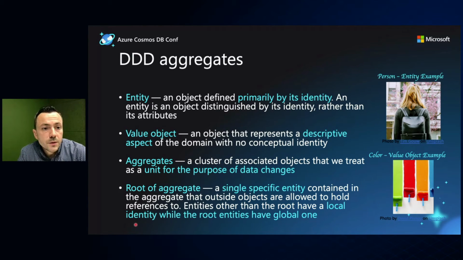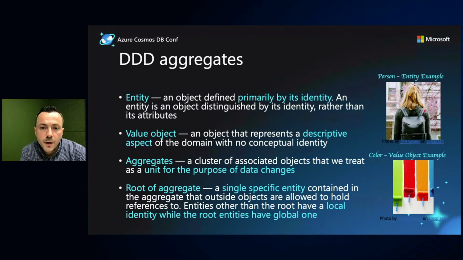So, domain-driven design aggregates: how do we prepare them? First of all, we need to distinguish between two types of objects. First is entity, and second is value objects. Entities are objects defined primarily by their identities. For example, a particular person has their own identity.